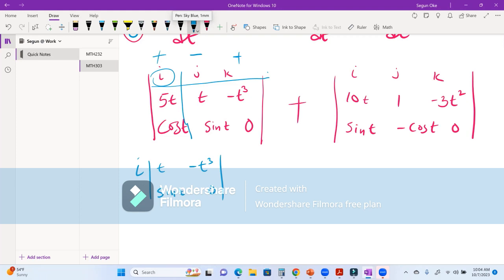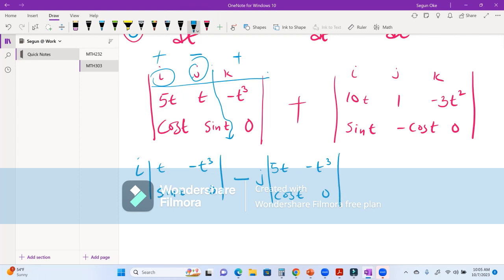Then if I release this one and I pick j also, remember on top of j we have negative, minus. I put j there. The column that j belongs to will be crossed out. It will remain 5t, minus t raised to power 3, cos t, 0, again 0.